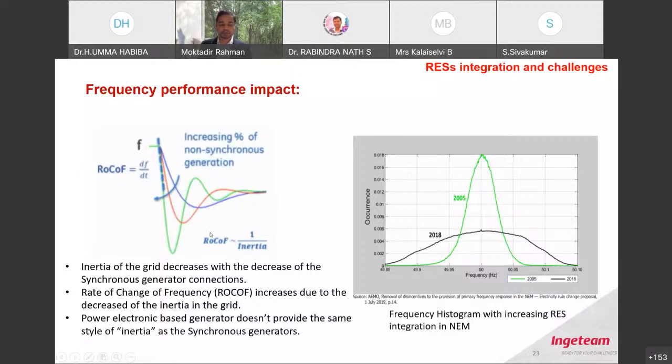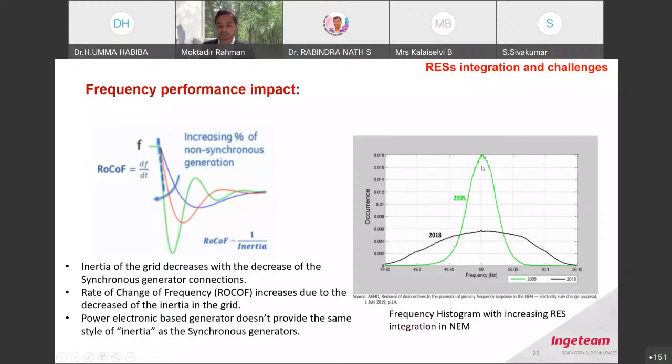So there's a direct relationship between the rate of change of frequency and the inertia. Normally, grid following converter technology cannot provide inertia support to the grid. If the grid has less inertia, the frequency will move a lot, and if the frequency moves a lot, the PLL has difficulty tracking the grid angle and frequency. For example, here in Australia, what happened in 2005, the frequency variation is between 49.95 to 50.05.